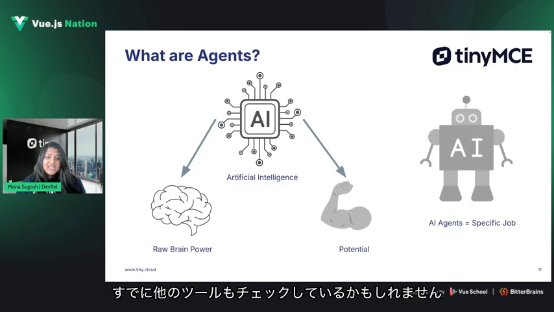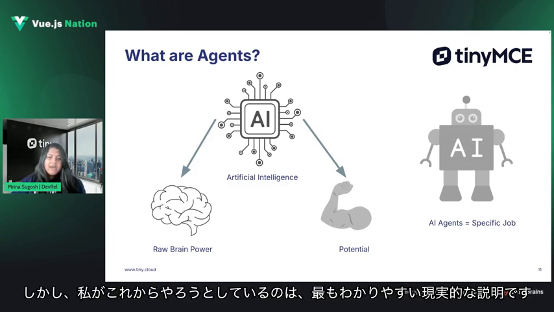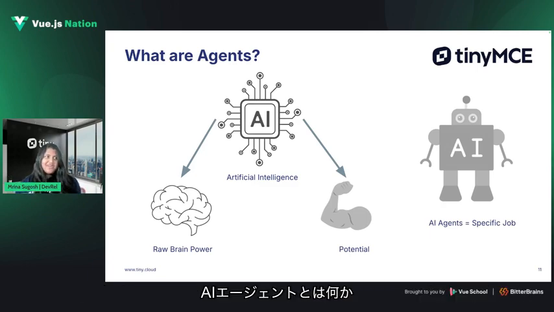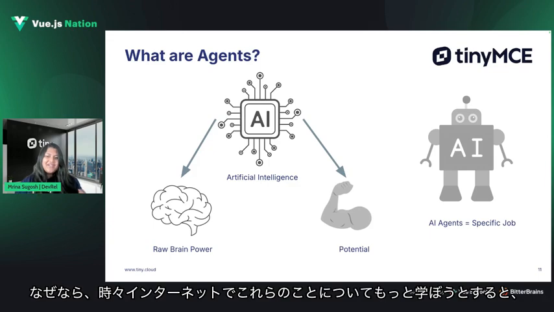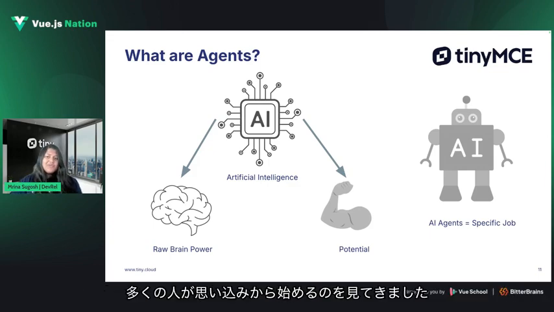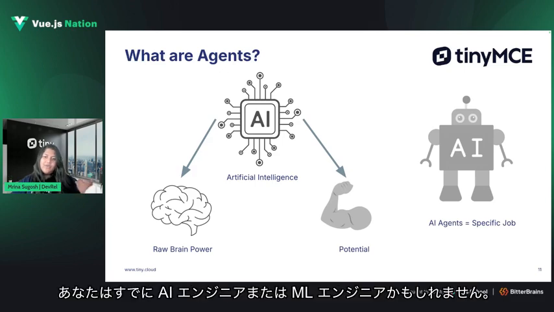And maybe you've already checked out some other tools that can perform other specific tasks. But what I'm going to do is give you the most straightforward real world explanation of what an AI agent is, because sometimes when I go online and try learning more about these things, I've seen a lot of people start with the assumption that you are maybe an AI engineer or an ML engineer already.